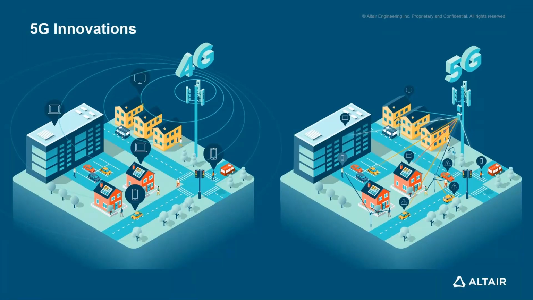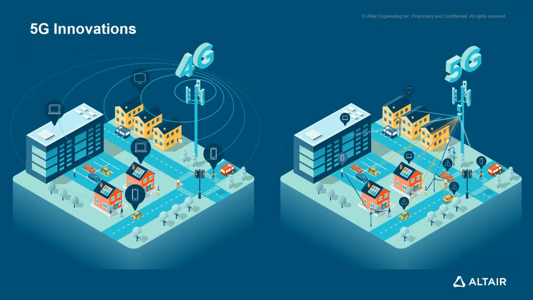So fifth generation network planning has several characteristics that should be accounted for, such as, for instance, the use of antenna arrays at the base stations that can direct relatively narrow beams to individual mobile stations, or what we call end users.